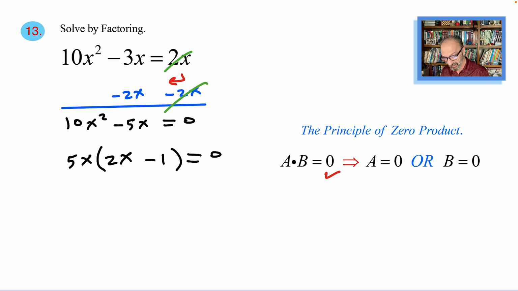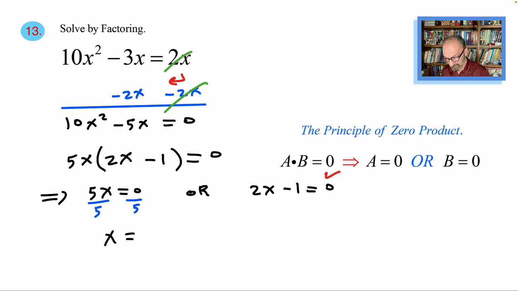With the principle of zero product, that implies either 5x equals 0 or 2x minus 1 equals 0.